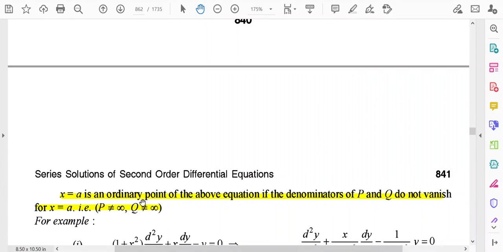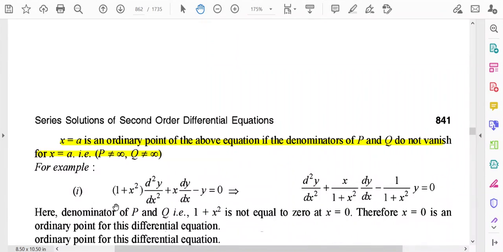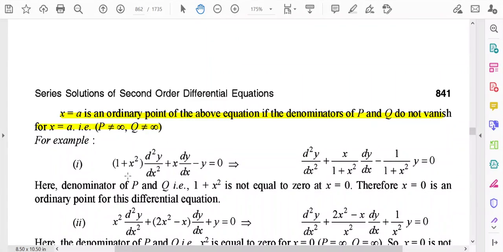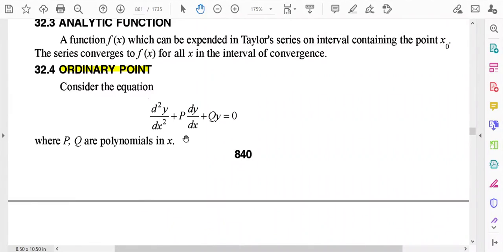So let us discuss with some examples, then it will be more clear what an ordinary point is. Suppose this is a differential equation: 1 plus x square d square y by dx square plus x into dy by dx minus y is equal to 0. I can rewrite this equation in the simplified format, that is, the standard format discussed earlier: d square y by dx square plus p into dy by dx plus q into y is equal to 0.